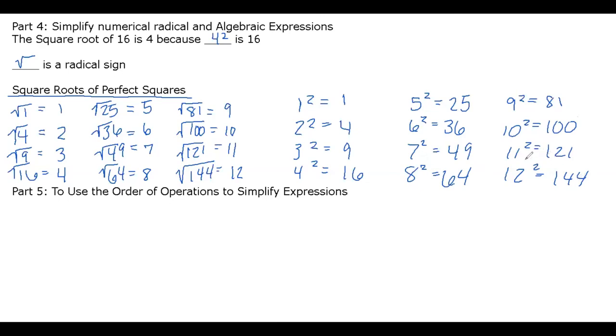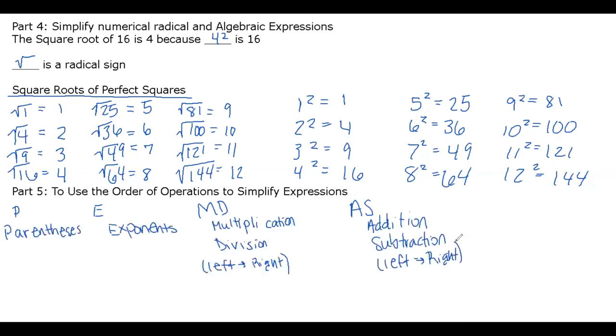Now let's look at part 5. So in part 5, we have the order of operations. So let's quickly go over what that is. A lot of people like to remember PEMDAS, and what this basically is, we have P for parentheses, E for exponent, M and D for multiplication and division from left to right, A and S for addition and subtraction from left to right.